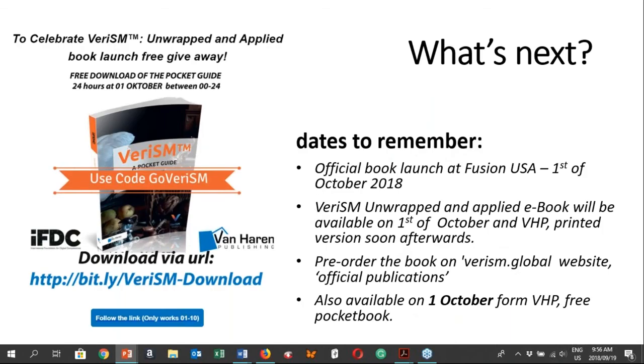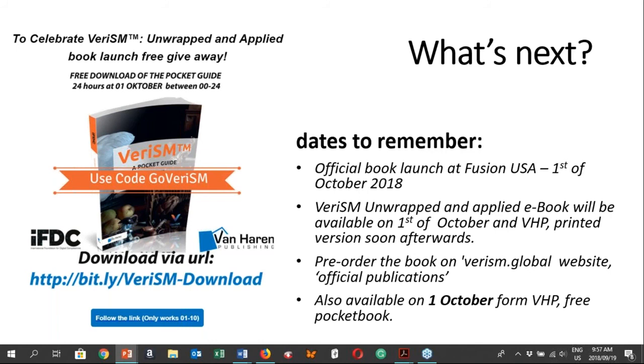Yeah, maybe something about the books. I saw some questions about it also. The title of the book, VeriSM Unwrapped and Applied, that's the second publication that will be launched October 1st. The ebook will be ready then, and we will have some sort of celebration at Fusion in the US. But from this moment, after this webinar, you can already start pre-ordering if you would like.